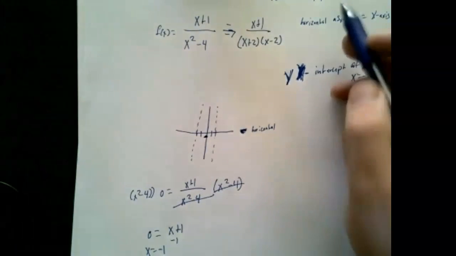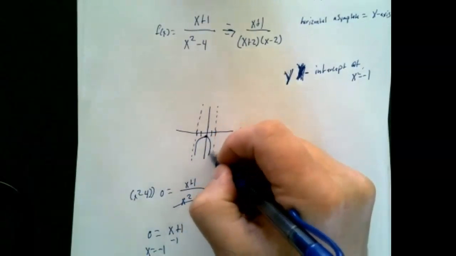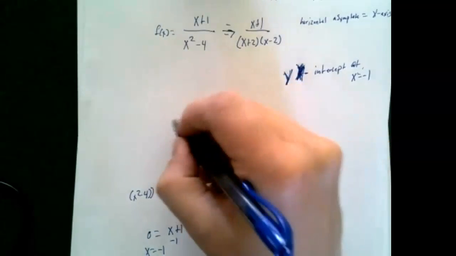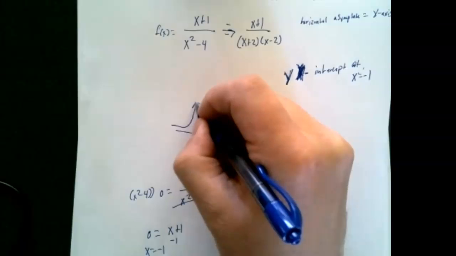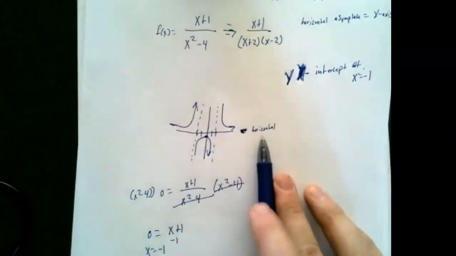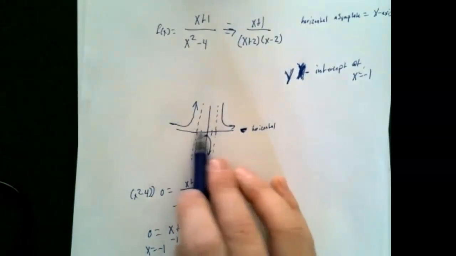But from this information, we have enough to graph it. It's going to look something like that. That's because I have my horizontal asymptote at the x-axis, so I know my graph can't touch that.